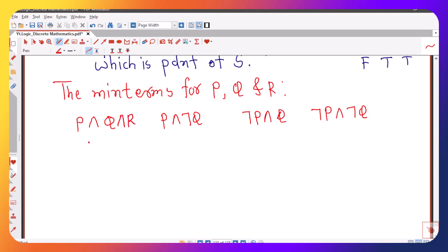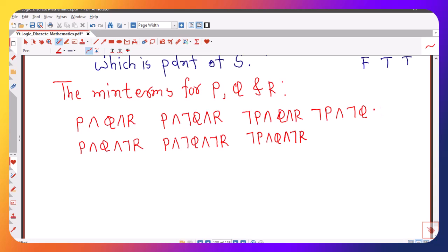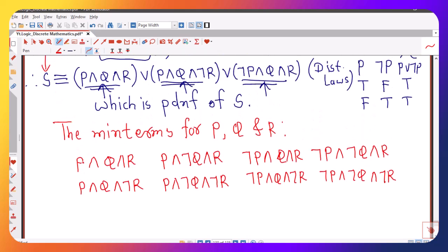So first we write P and Q and R, and then P and Q and negation R. Same thing here, P and negation Q and R, P and negation Q and negation R. Here and R, similarly negation P and Q and negation R. Here also and R, and negation P and negation Q and negation R. These are the total min terms for variables P, Q and R.